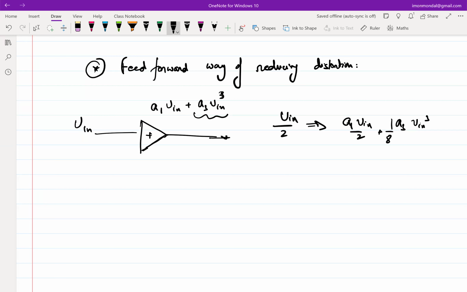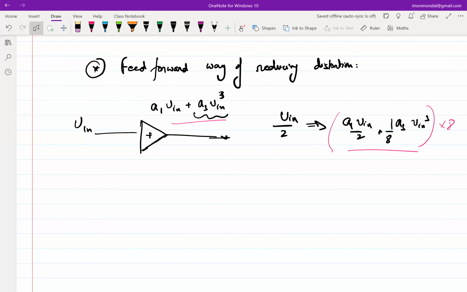If I subtract this with this, we are not getting much because A3 V in cube still remains. But if I scale the second term by a factor of 8 and then subtract, then the A3 V in cube term gets cancelled and only some scaled version of the A1 V in term remains.